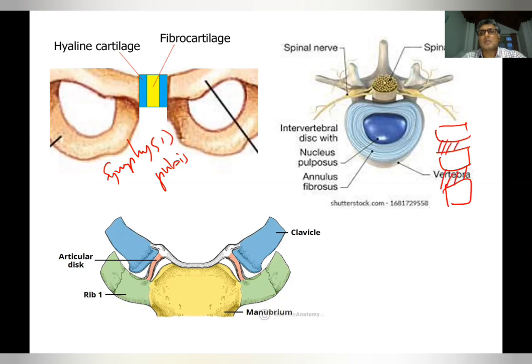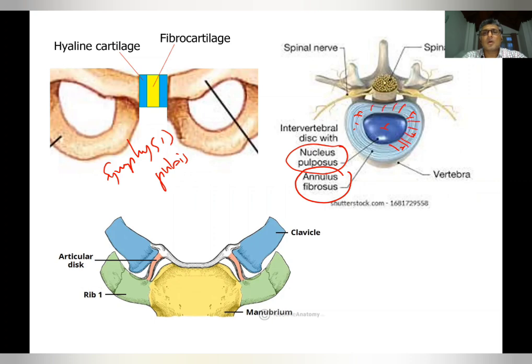In those discs, you get a fibrocartilage ring, which is called the annulus fibrosus. In the middle, you get a very soft substance called the nucleus pulposus. So this is fibrocartilage surrounding the nucleus pulposus in the intervertebral discs.